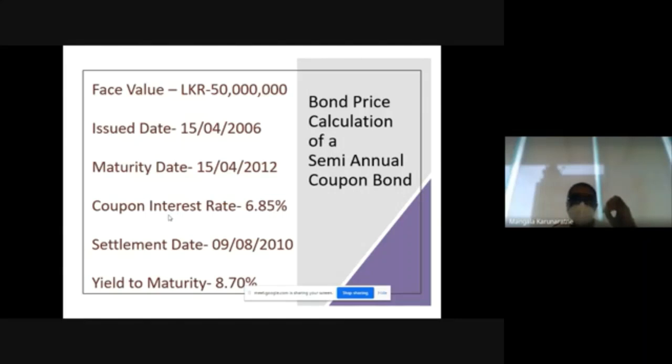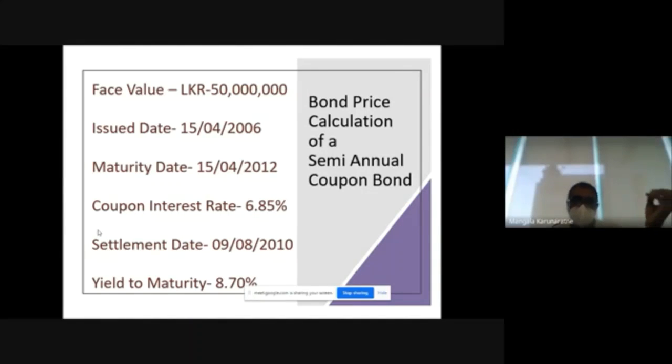So we need to calculate now. 9/10/2010 is in between two coupons. That is the coupon before 9/10/2010 and the coupon after. What is the before coupon? The before coupon was 15/4/2010, right?